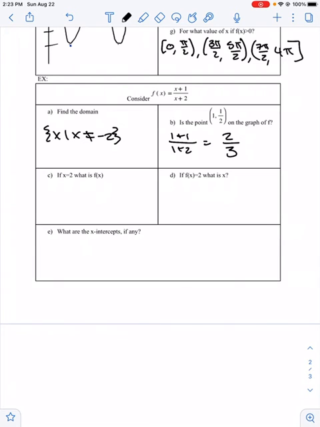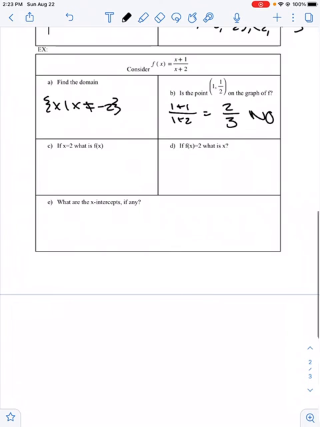And that does not equal 1/2, so no. And next, if x equals 2, what is f of x? So we're just going to plug 2 into our equation and solve. So 2 plus 1 over 2 plus 2, that's 3 over 4. So the point would be 2, 3 over 4.